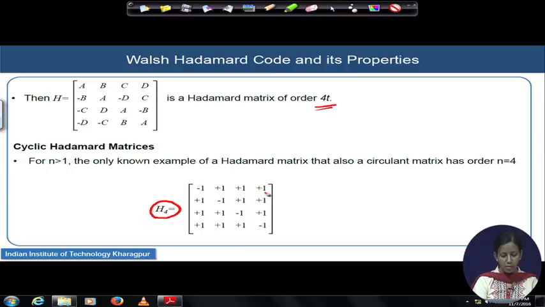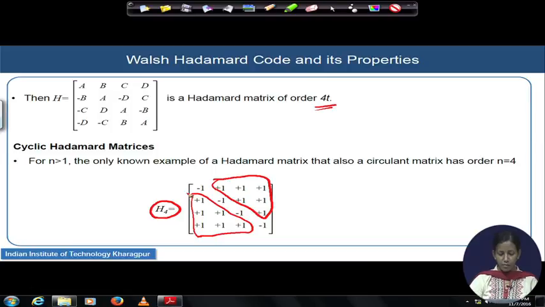The first row elements form the Hadamard matrix, and if I rotate it, the elements are all cyclically shifted, forming the symmetric form. The symmetric nature comes from the fact that the upper portion of the matrix is exactly similar to the lower section.